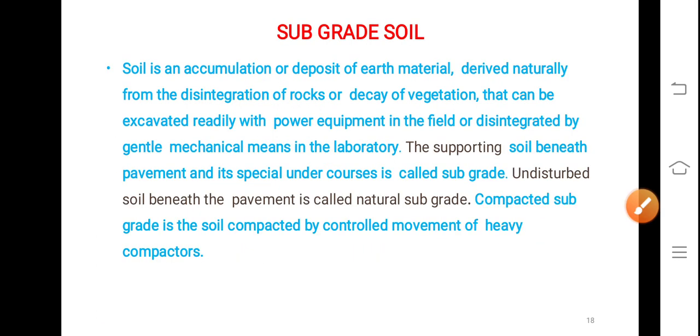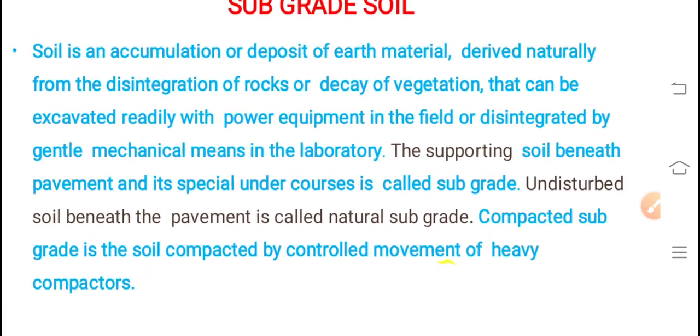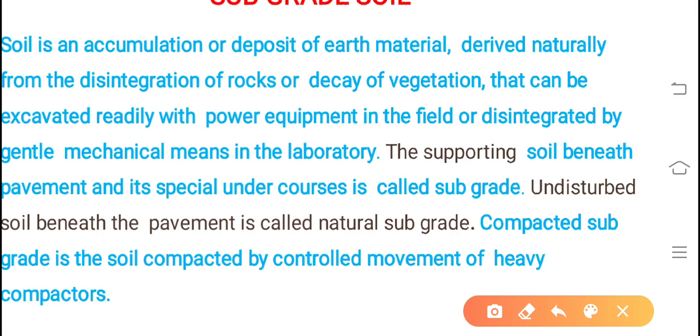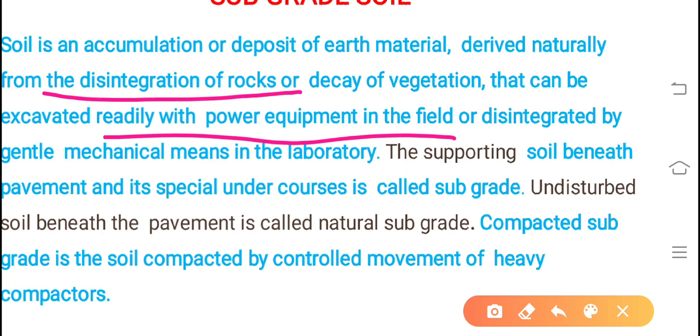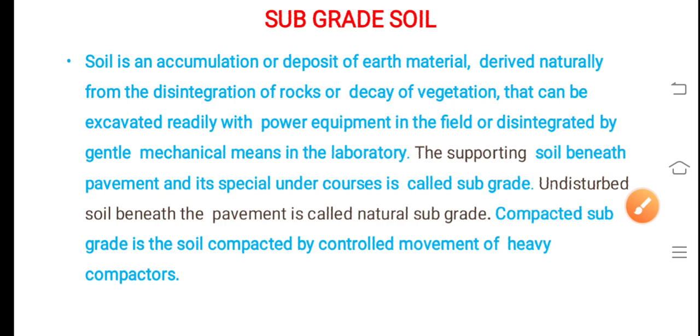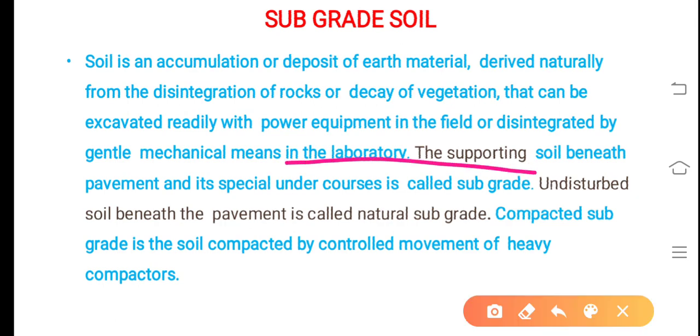Subgrade soil. Soil is an accumulation or deposit of earth material derived naturally from the disintegration of rocks or decay of vegetation that can be excavated readily with power equipment in the field, or designated by gentle mechanical means in the laboratory.